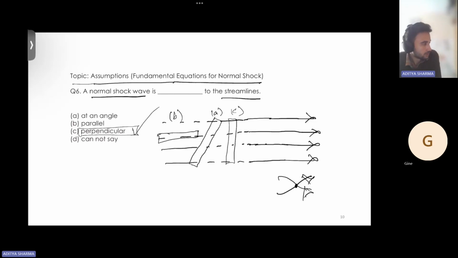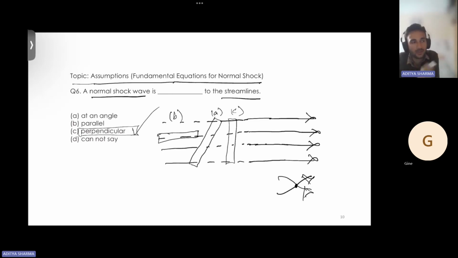All right. So when we analyze the normal shocks based on our assumptions, we do take normal shocks to be perpendicular to the streamlines. In our analysis of the normal shocks, we take stream tubes. What are stream tubes? Stream tubes comprise a set of streamlines.